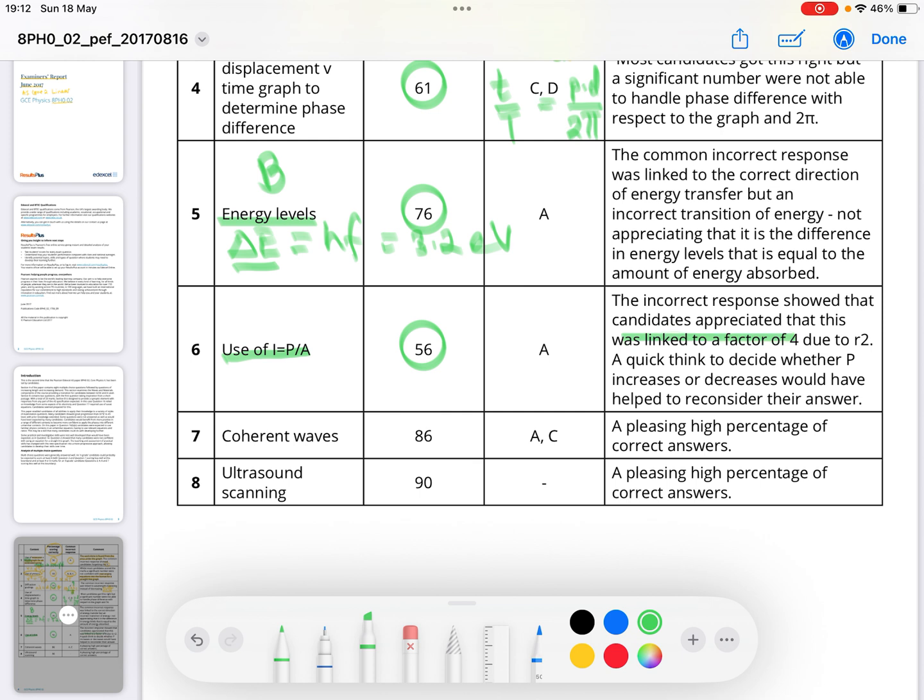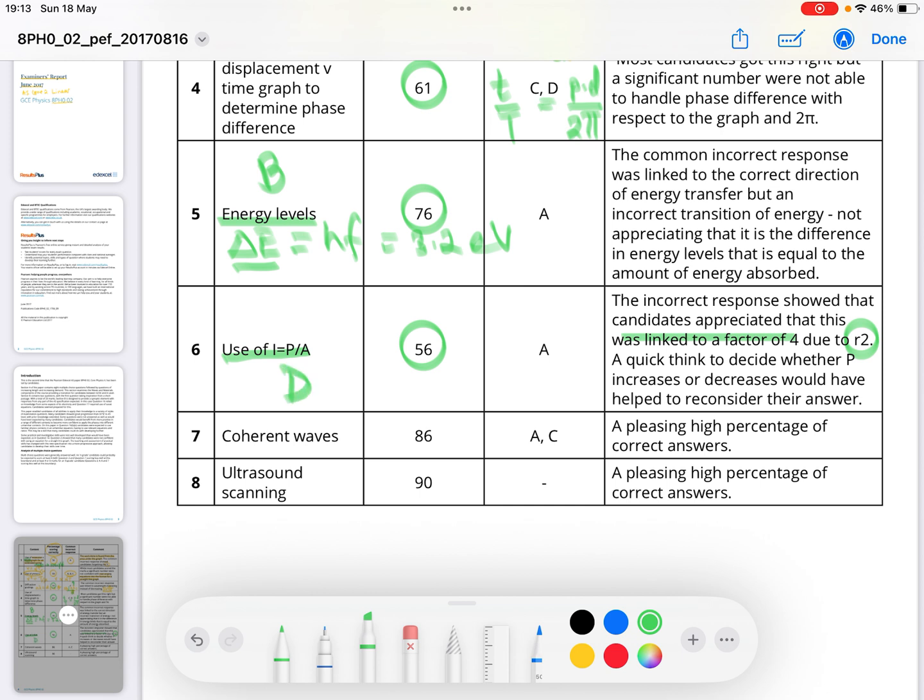They knew that by doubling the radius, because area is radius squared, they looked at intensity rather than power, okay? So I'm not going to go through it now because it needs a bit more space than the space provided, but the answer is D.